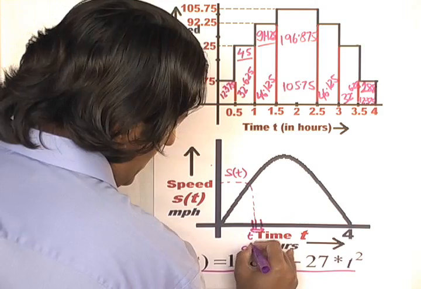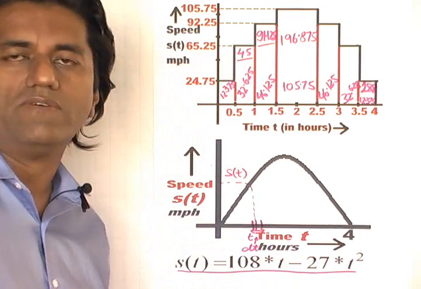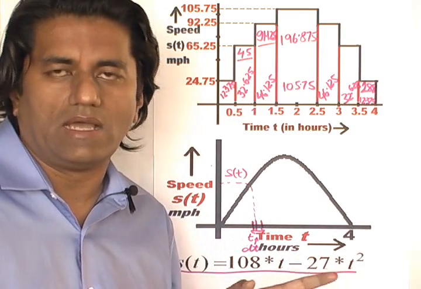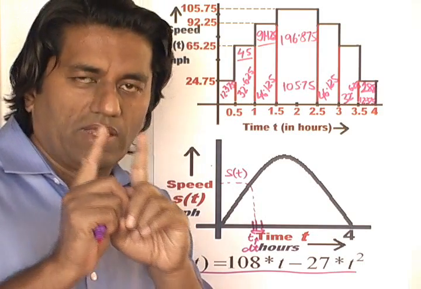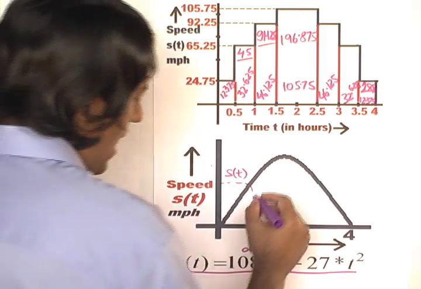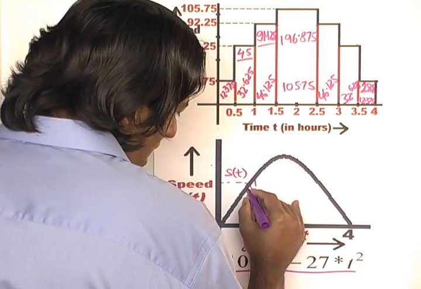So dt is the length of this little interval, and d is short for delta, or it just signifies a small change in t.